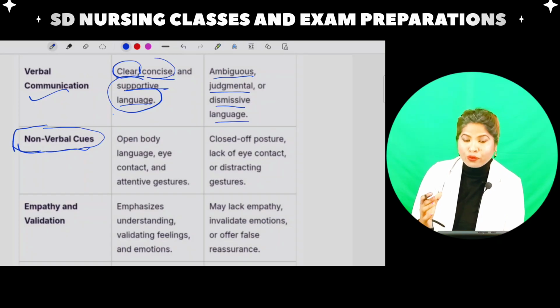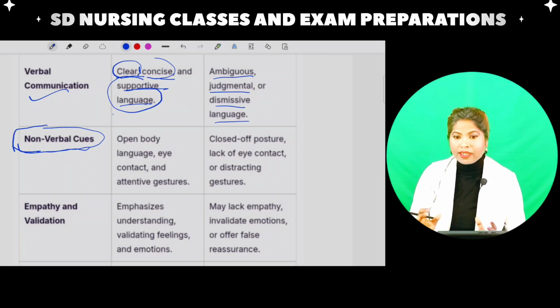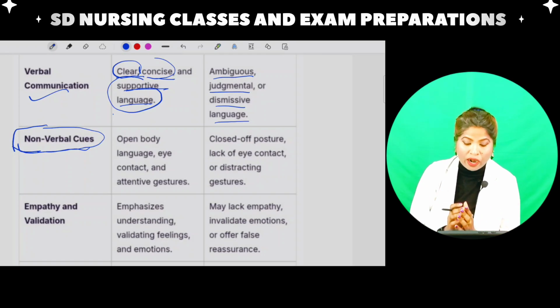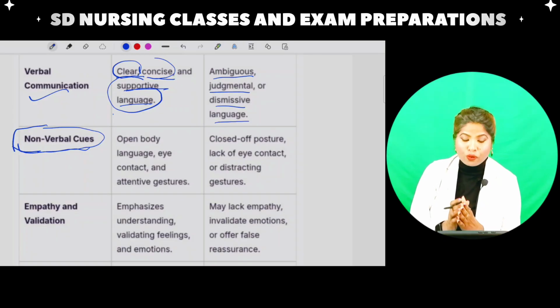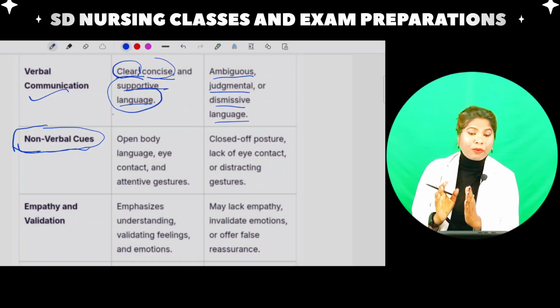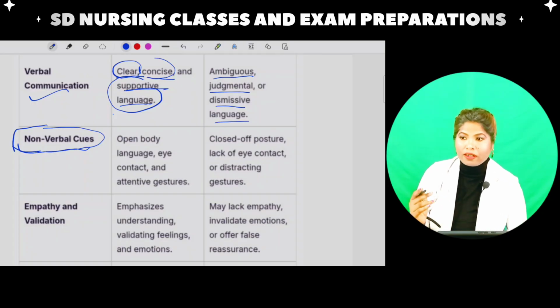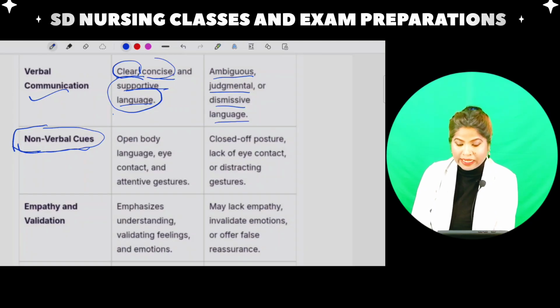If the patient doesn't want to talk, then what we have to do is observe the patient, sit with him, create an empathetic situation, a positive environment for the patient, and with attentive gesture, we should be in positive gesture to the patient. So this is therapeutic communication.